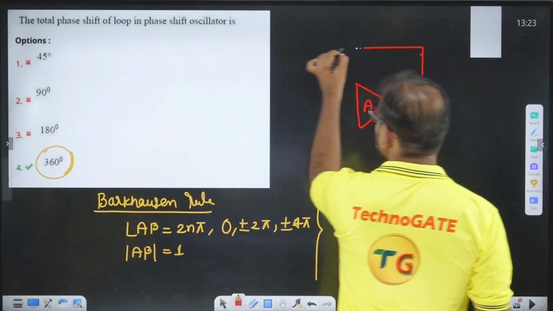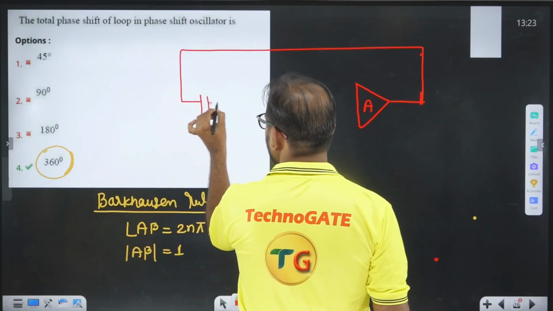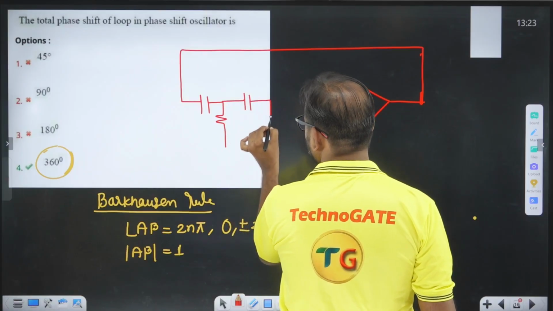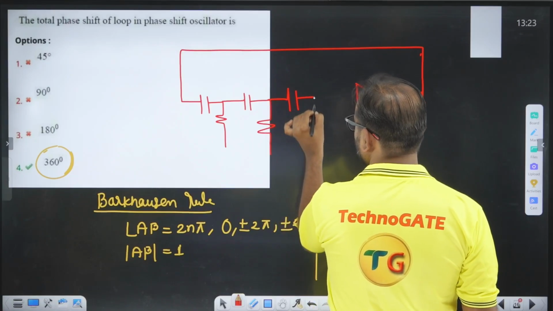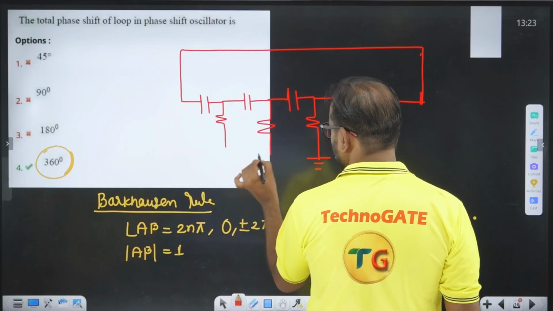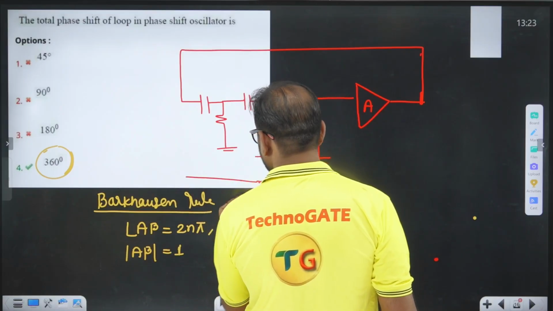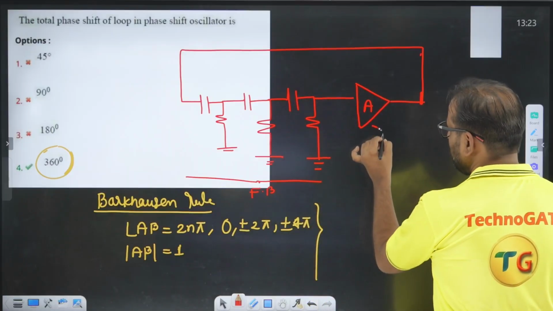This A represents the amplification section. This is known as the feedback network. And this portion is known as the amplifier.